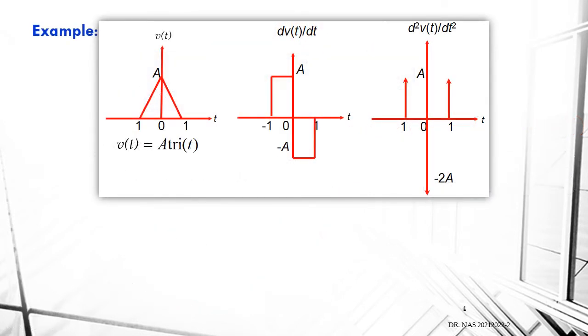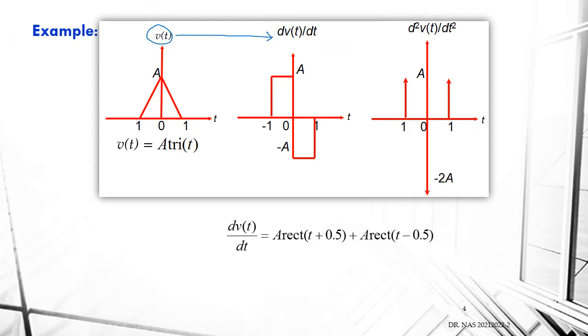Okay, second example. Find the Fourier transform of v(t) if given the first order differentiation and second order differentiation as the figure shown. To start with, you need to identify the equation of the first order differentiation and the second order differentiation. So for the first order differentiation, how do you get this from v(t)?